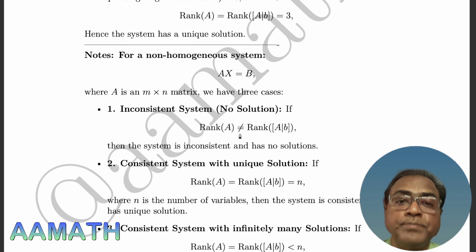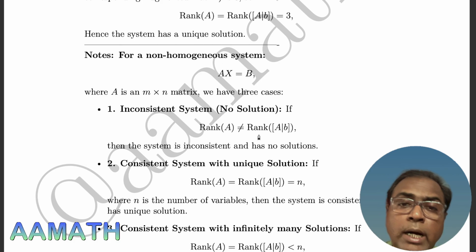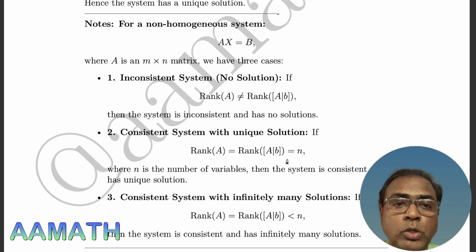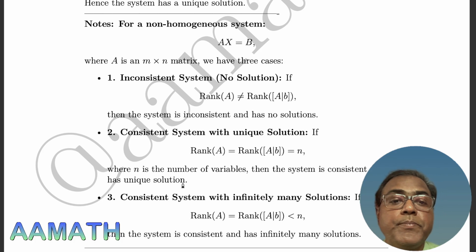If rank A is not equal to the rank of the augmented matrix, then the system is inconsistent and has no solution. Option 2, the consistent system with unique solution: if rank A, the rank of the coefficient matrix, is equal to the rank of the augmented matrix, which is equal to n, the number of variables, then the system is consistent and has a unique solution.